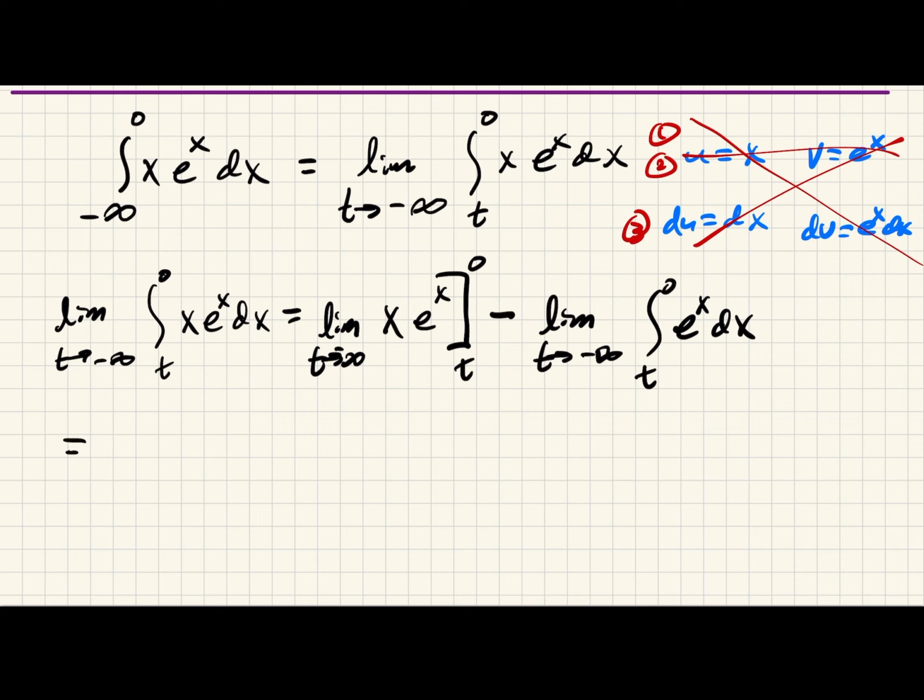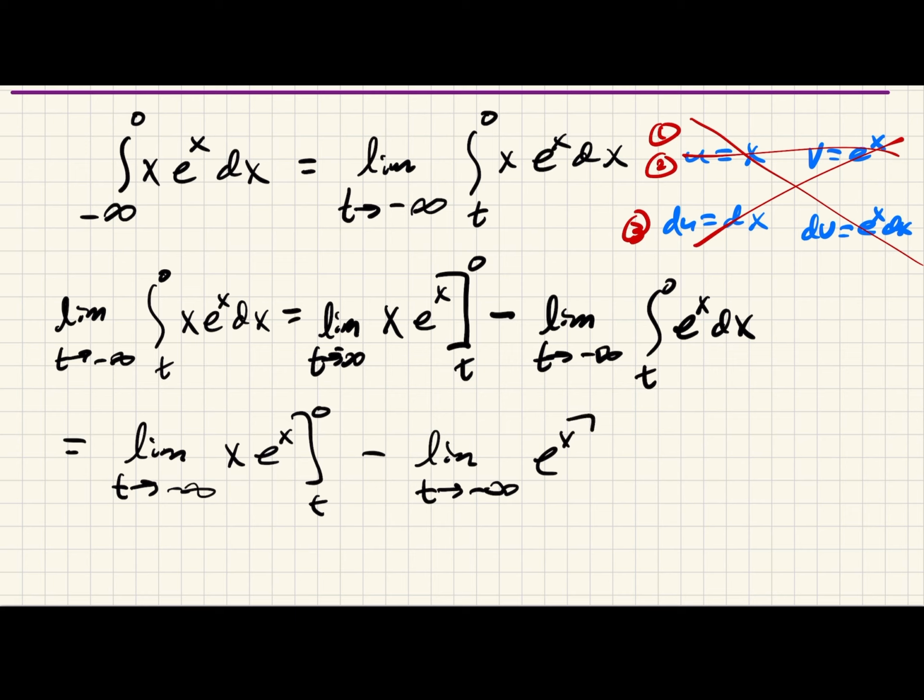We got the limit as t goes to minus infinity of x e to the x. We'll evaluate this in a bit. I want to worry about this over here. This will be the limit as t goes to minus infinity. Now, that's just going to be e to the x, right? Evaluated from t to 0.